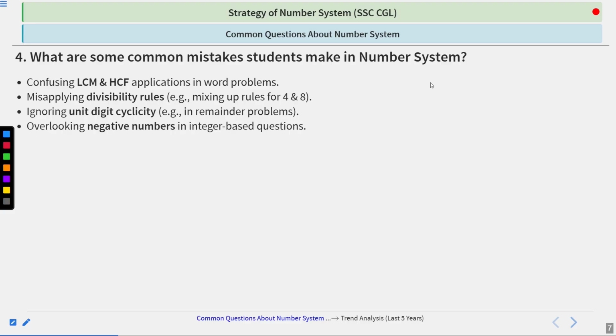Overlooking negative numbers in integer based questions. Many times students overlook the negative numbers in integer based questions, so avoid these types of mistakes. Errors in simplifying surds and indices questions. Many times students do wrong calculations in surds and indices questions, so please avoid these types of errors.